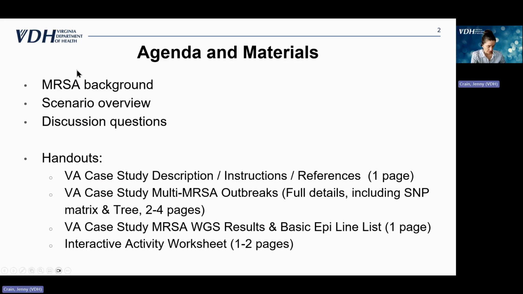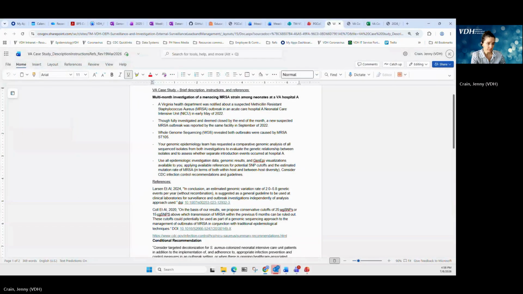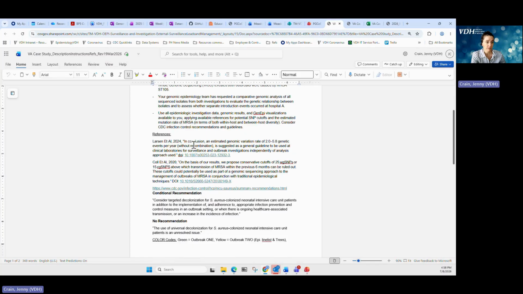So just to briefly show you what should be available to you, there's a single page handout that is a very brief description of the case study. It has instructions and then also references that may be helpful for understanding SNP thresholds or infection prevention and control recommendations for such an investigation.